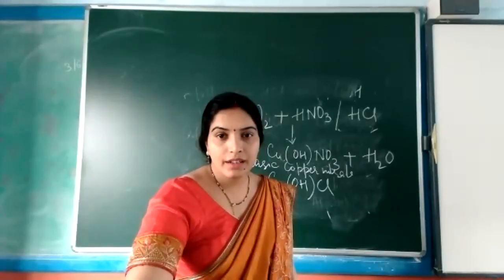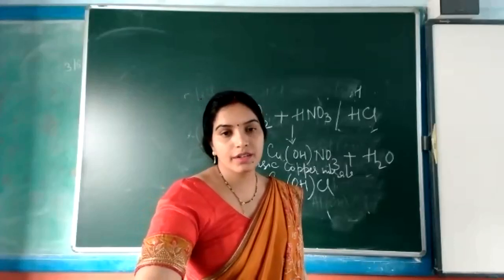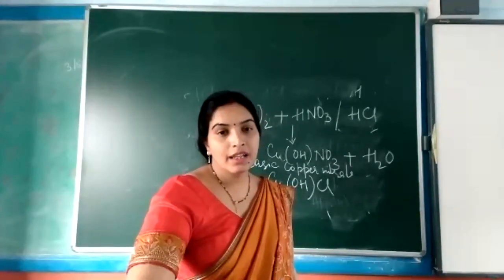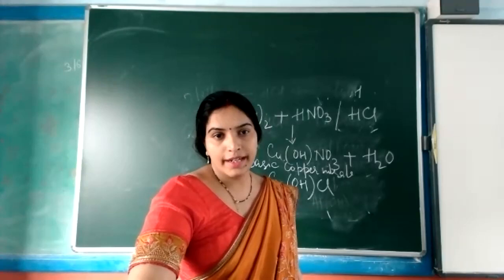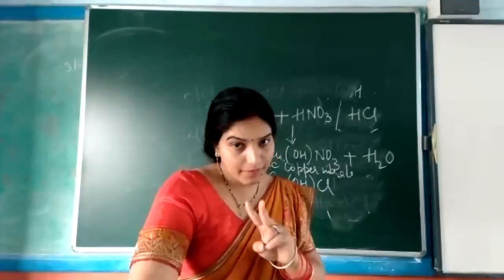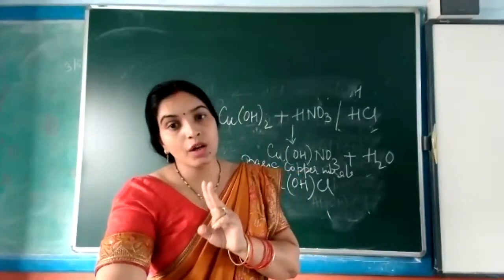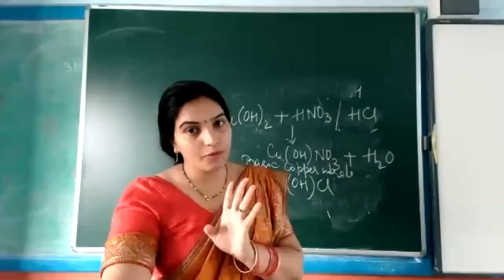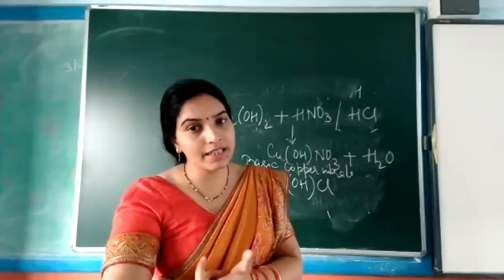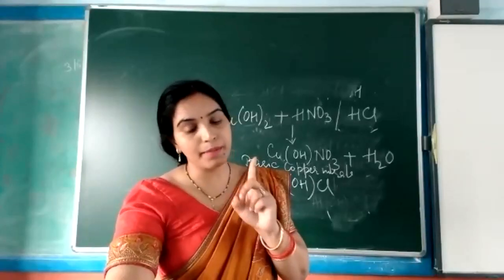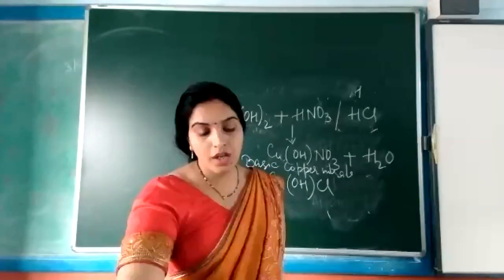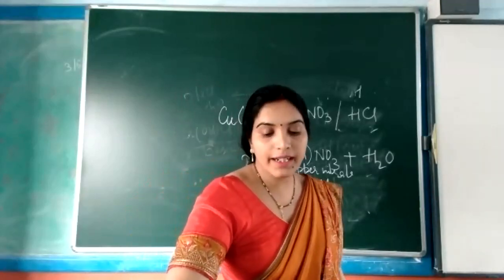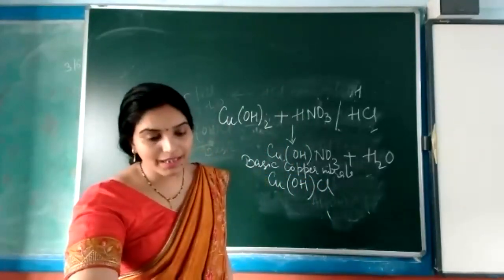Bleaching powder, calcium oxychloride, CaOCl2. It contains 2 acidic radicals. One is OCl-, the other is Cl-. One is oxychloride, the other is chloride, with only one basic radical, that is calcium. So if we get such a type of salt, it means the particular salt is a mixed salt.